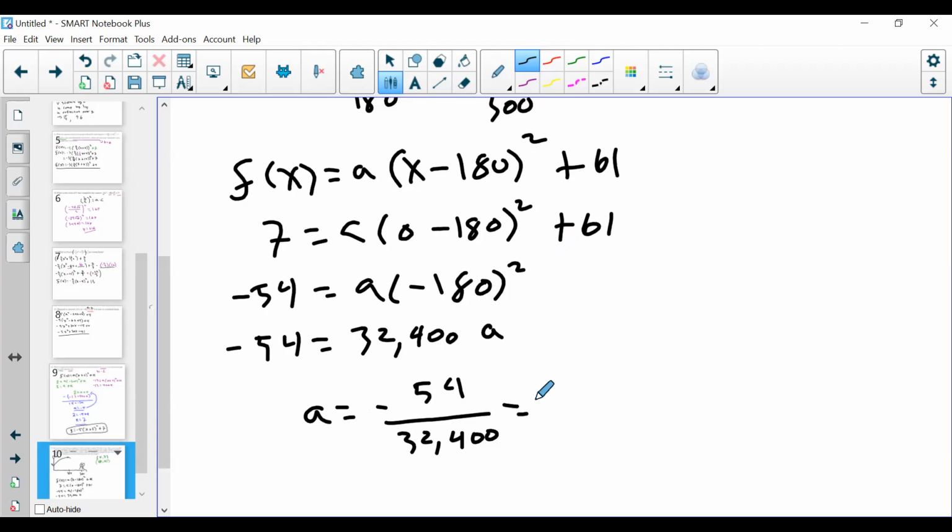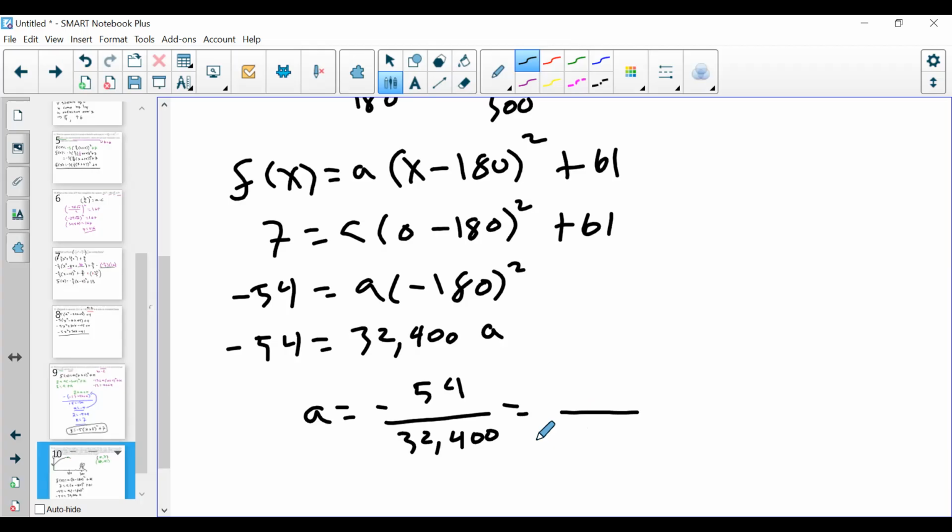Those are both divisible by 4. So 32,400 divided by 4 is going to give you 8,100. 54 divided by 4, is it divisible by 4? No, it's not. But they're both divisible by 9, actually.